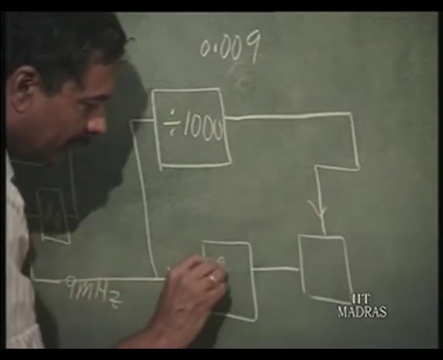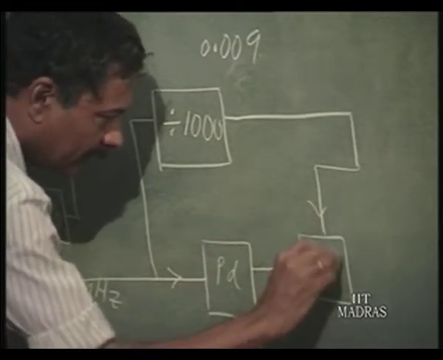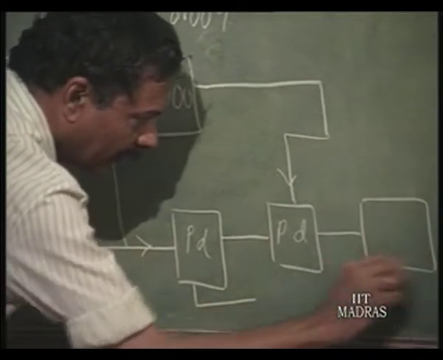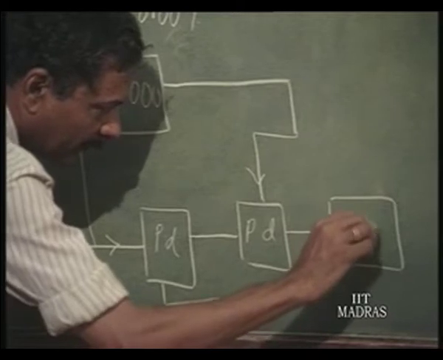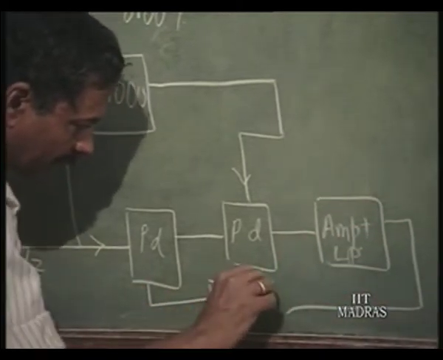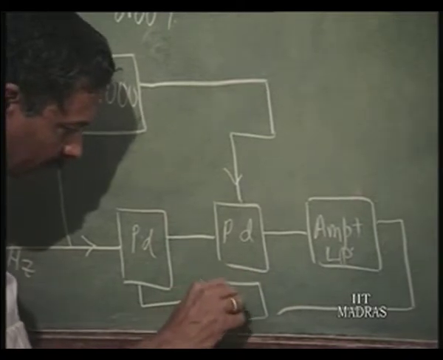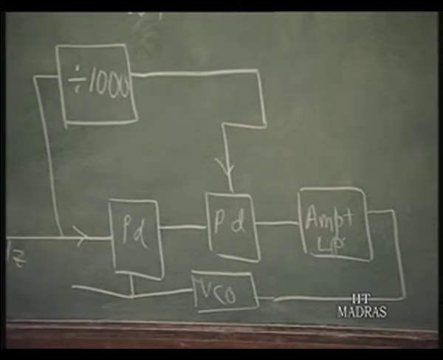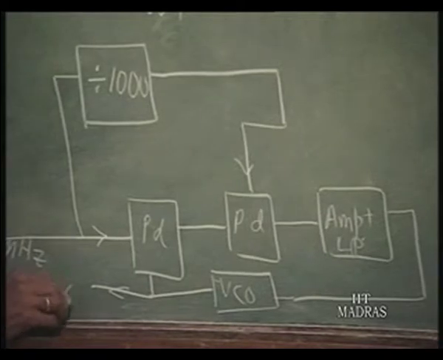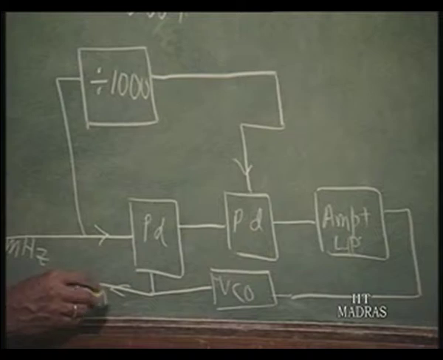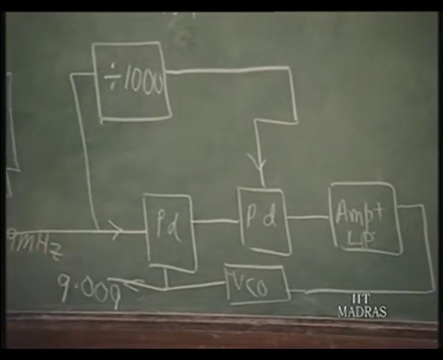This is so PD, PD, and then this amplifier plus low pass filter plus VCO. At this point, therefore, I should get an output corresponding to 9.000009. Right?